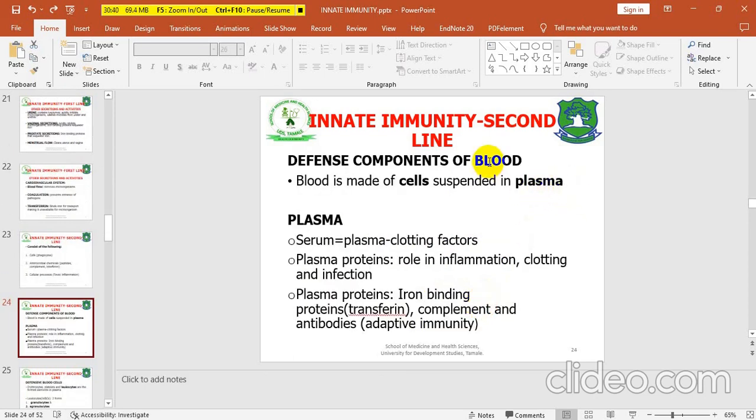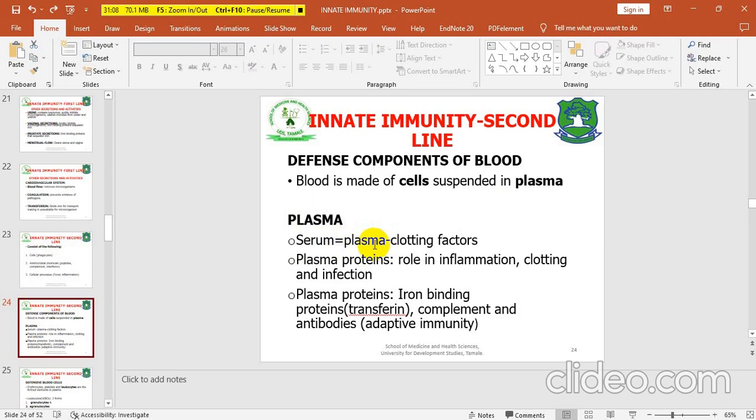So, defense components of blood. The blood is made up of what? Cells suspended in plasma. The plasma is the yellowish part of the blood. If you put blood in a plain tube or serum separator tube, it will clot.